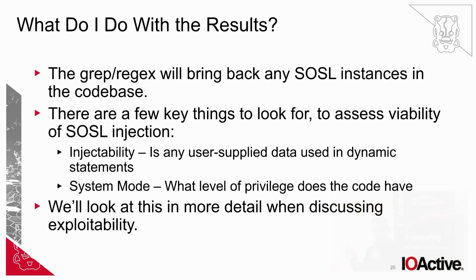That should bring you back a full list of all the FINDs in there, which should help you to identify all of the SOSL statements, which you'll work through in the next stage. We'll go on to that in a bit, finding out the level of injectability and what level of privileges that code has.